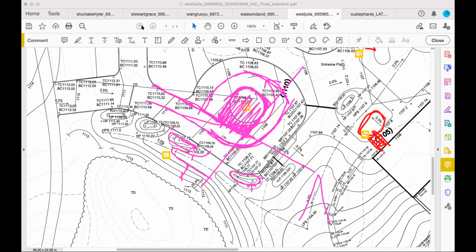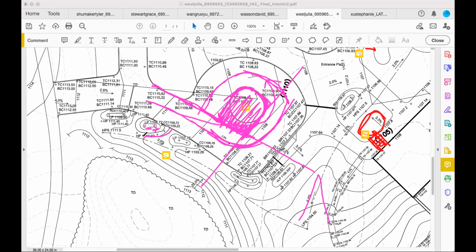I think you had more lines. Let me clear this and try to make sure. For instance, for this one, your LP is 108, so that's 9. If you have a 9, you don't have a 10. Then you have this is the 10. Yeah, I think you have one more line than necessary.